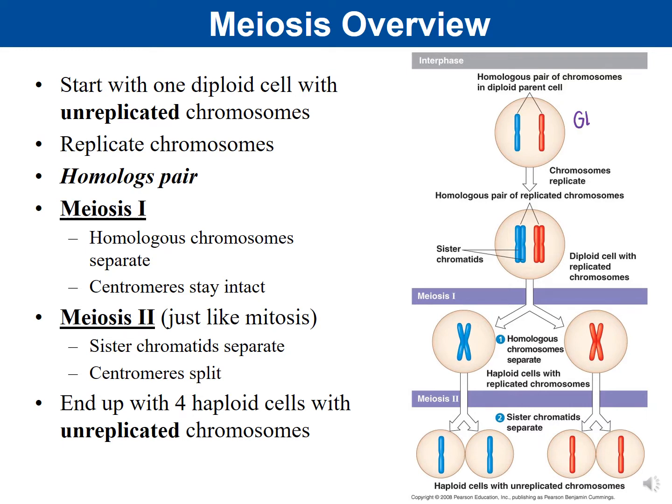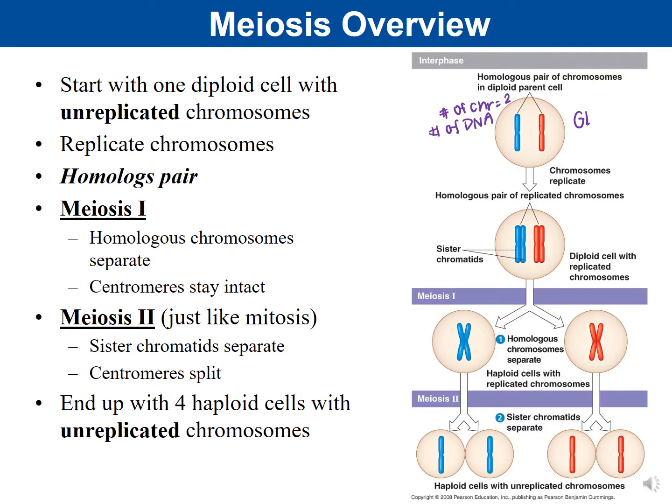So it's before DNA is duplicated. So what we're going to track in this case is number of chromosomes and number of DNA molecules. So I'll walk you through this. So number of chromosomes, number of DNA.